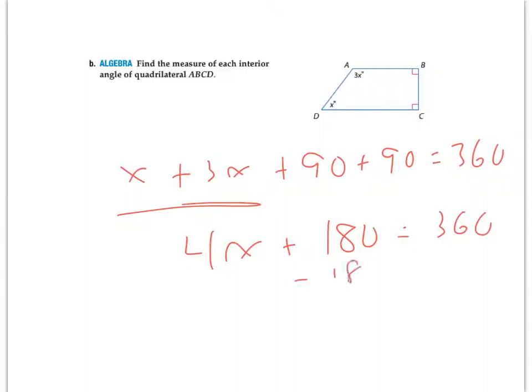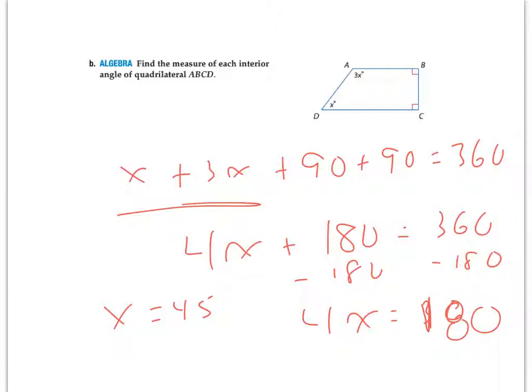Subtract the 180 from both sides. I get 4x is equal to 180. X is equal to 45. So therefore, the angle at D is equal to 45. The one at A is equal to 3x, which is 3 times 45, 135. And these are both 90.